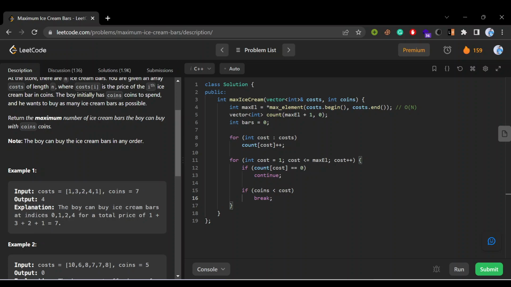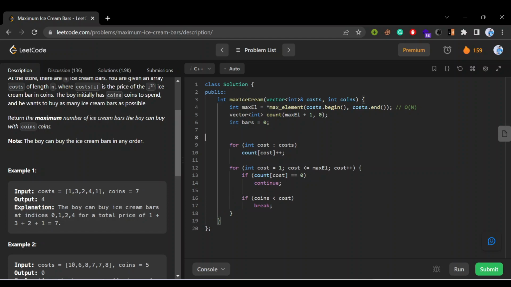If this is the case, then simply break out of it, because we cannot have any bar that has more cost than the coins we have. That is very common, right? And by the way, this will also be linear time complexity.